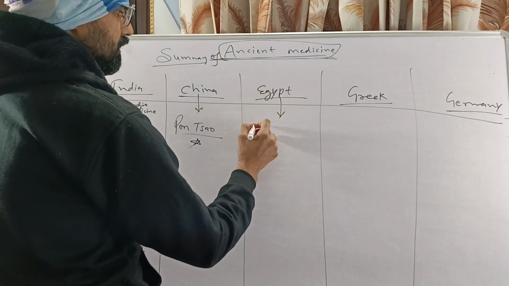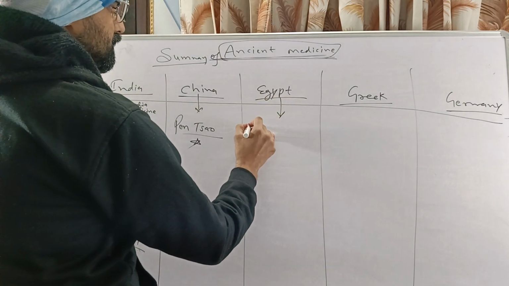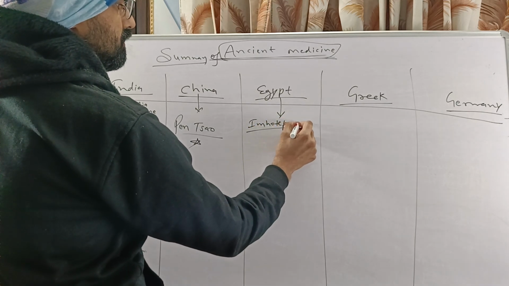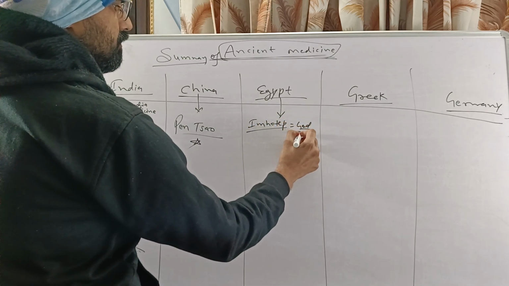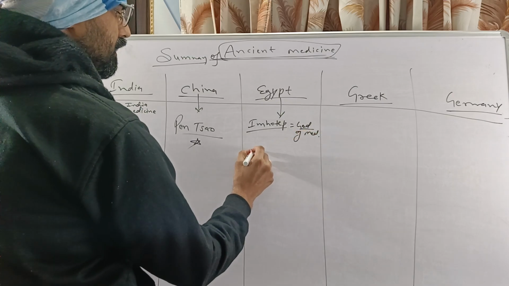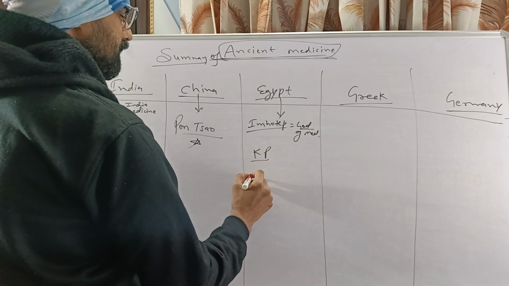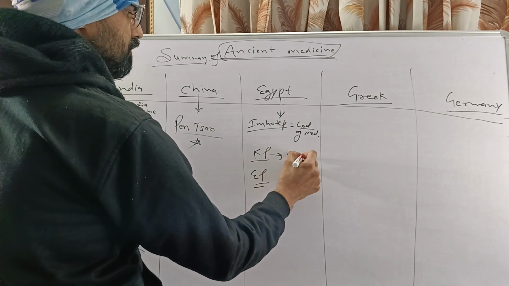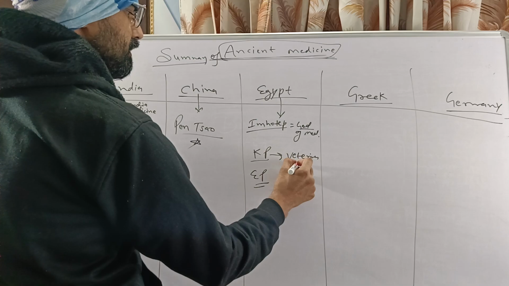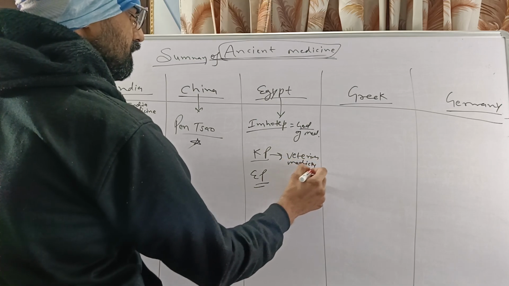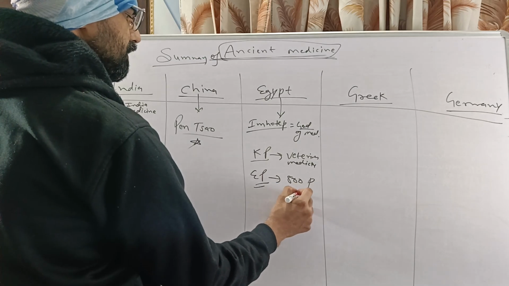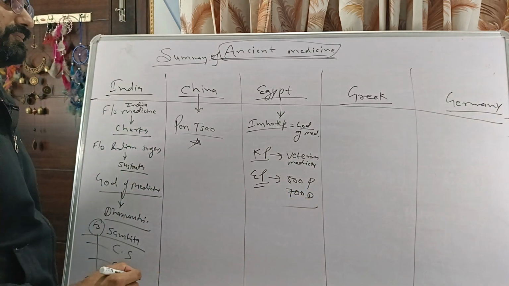Then in the case of Egypt, Imhotep was the god of medicine, and here the Kahun Papyrus and Ebers Papyrus. In this papyrus, some veterinary medicine portion was there. Only 800 prescriptions and 700 drugs.